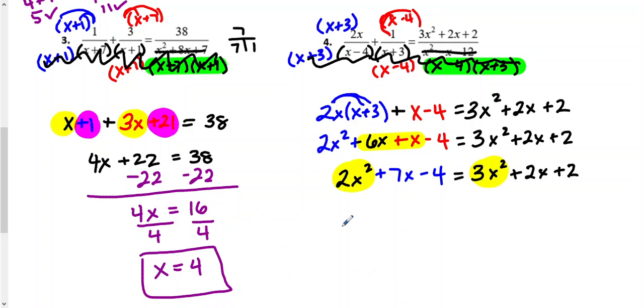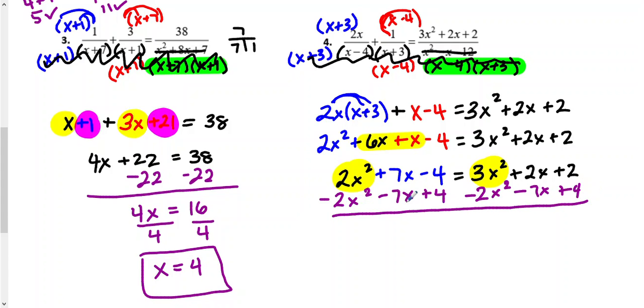So I'm going to subtract 2x squared from each side. I'm also going to subtract 7x. I'm going to add 4. So on the left side, these all cancel. I'm left with 0 equals 3x squared minus 2x squared gives me 1x squared. 2x minus 7x gives me a negative 5x. 2 plus 4 gives me 6.